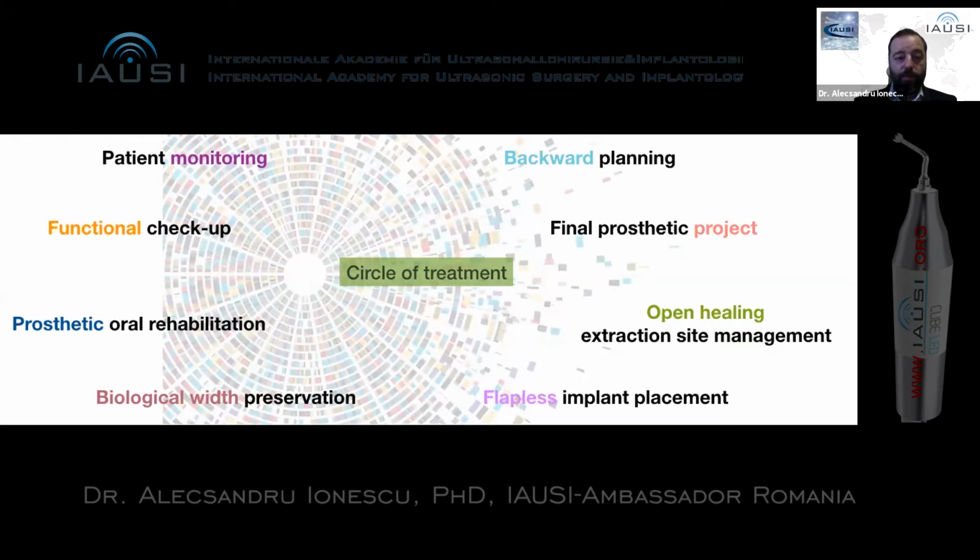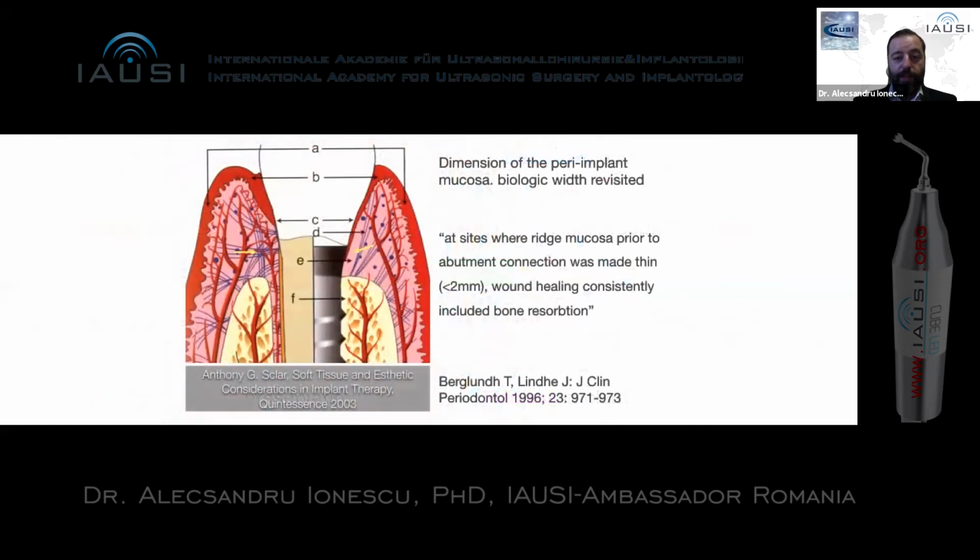This is just a short description and a comparison of the natural dentition with a tissue level implant. So it is biological width that is respected by the design, the polished neck of the tissue level implant, which we gain also with a bone level implant, but only after we connect the abutment.